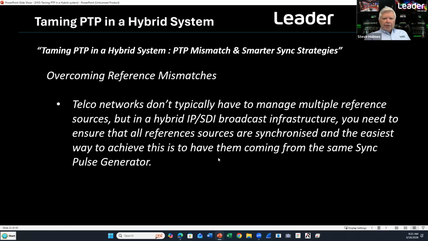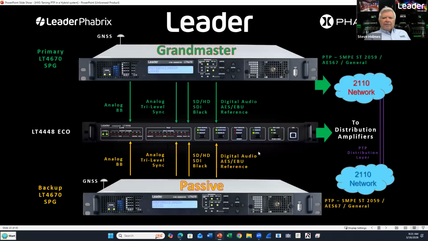So we need to look at this and think about how we've kind of tied everything together and look at all of this. So when we have our system put together, we've got a grandmaster up here. It's locked to GPS. I have my second grandmaster in waiting, locked to GPS. They're both feeding the SDI and baseband signals to the ECO, the emergency changeover.